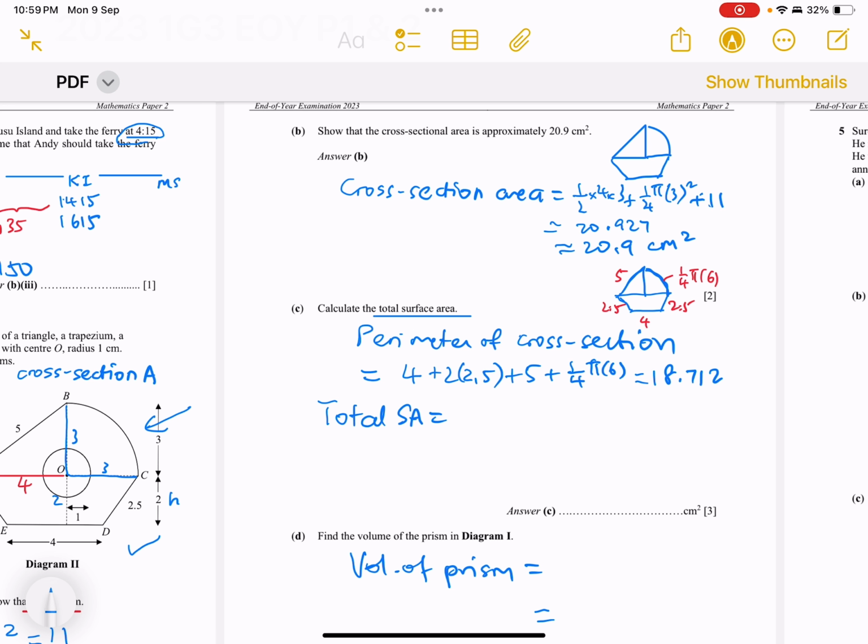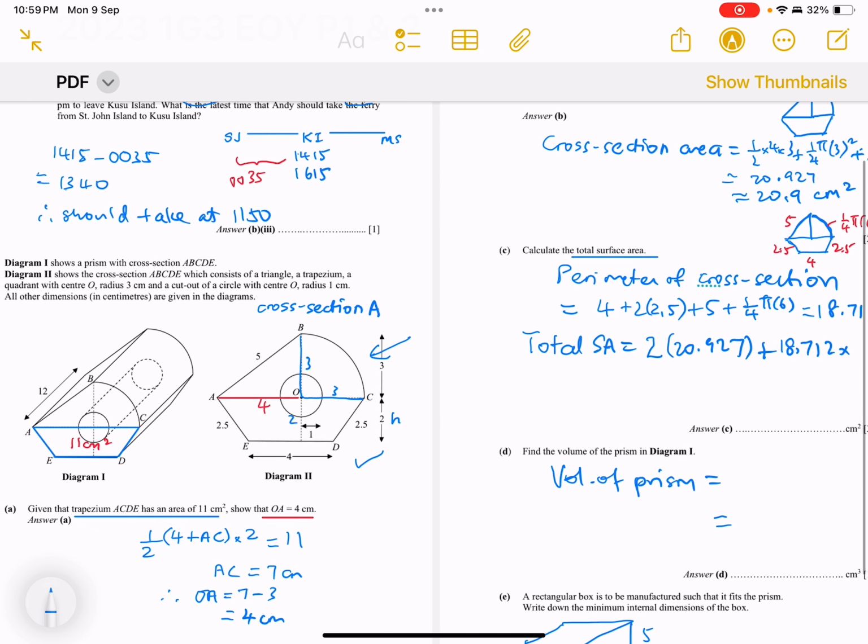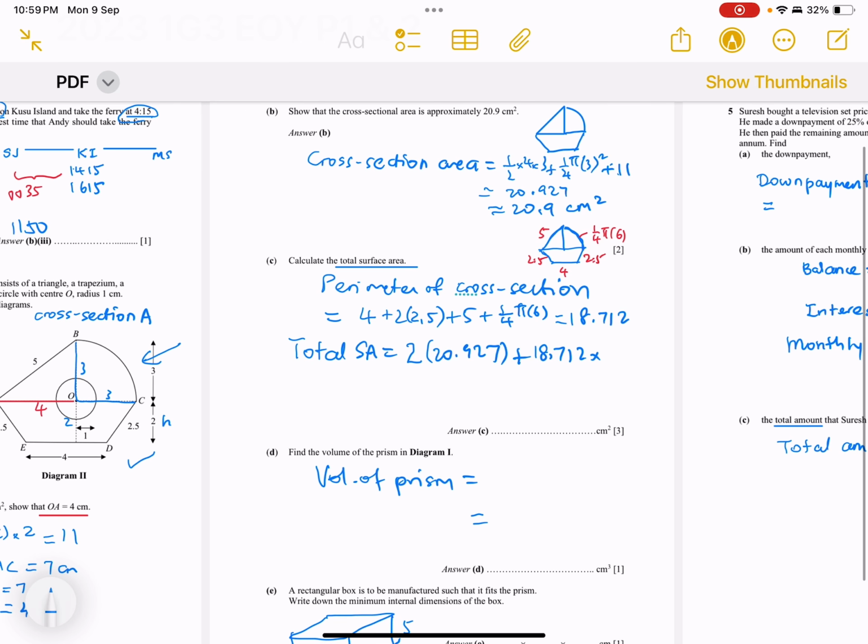And now we are ready to find the total surface area, which is 2 cross-section areas. We need to use 20.927 plus then the perimeter multiplied by the length. And the length of the object is, look at here again, 12. Alright, this is the length of the object, 12. Okay, so we work out, and it is 341.801, which to 3 significant figures is 342 cm squared.